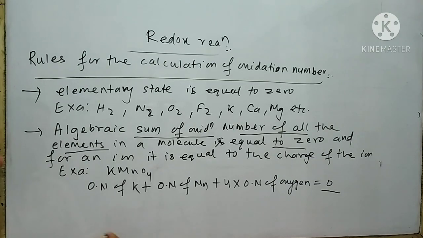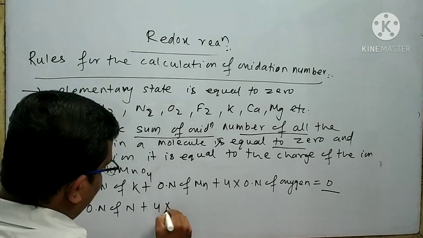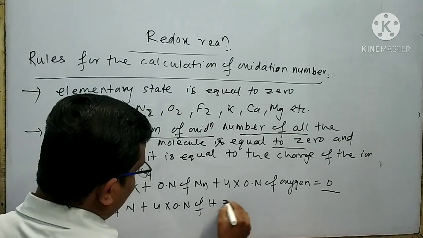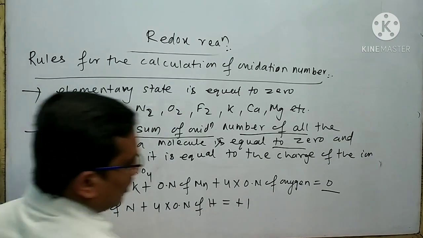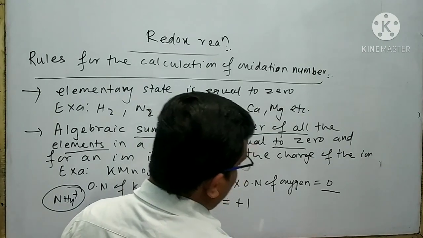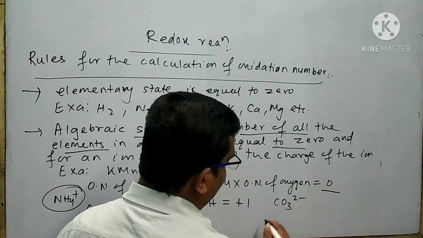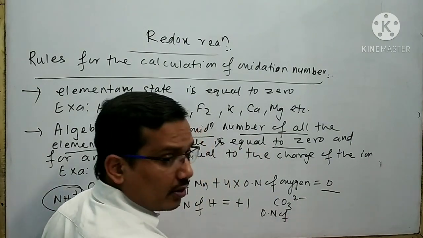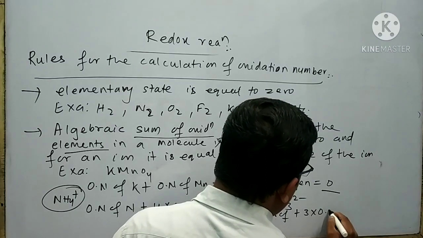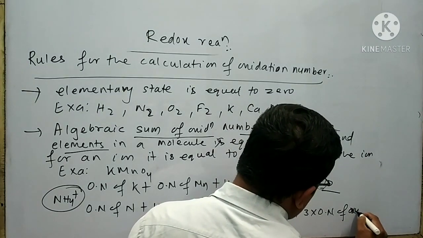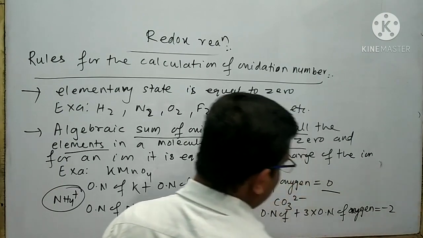In case of an ion, I can write similarly. Suppose we take the example NH4+. For this ion, I can write oxidation number of nitrogen plus 4 into oxidation number of hydrogen equal to +1. Similarly, in case of the CO3 2- ion, I can write oxidation number of carbon plus 3 into oxidation number of oxygen equal to -2.